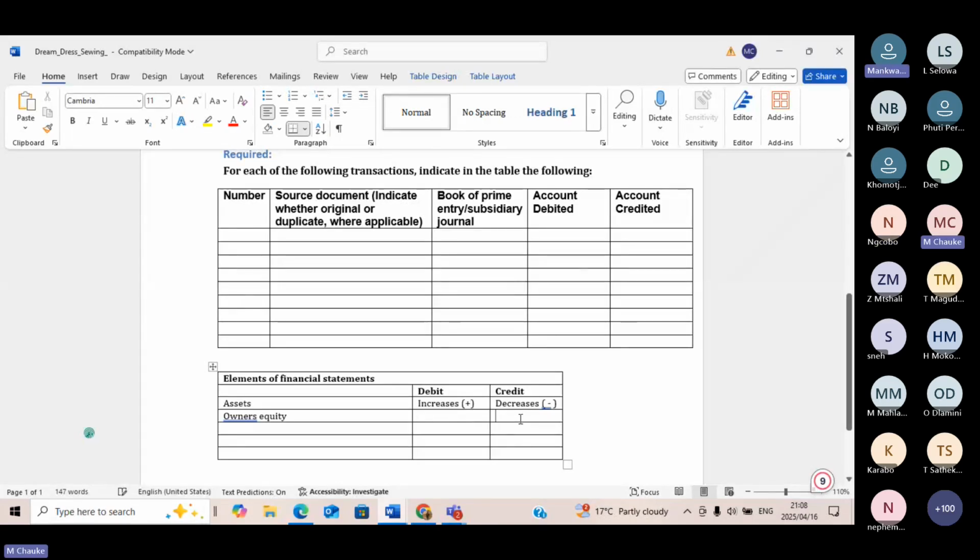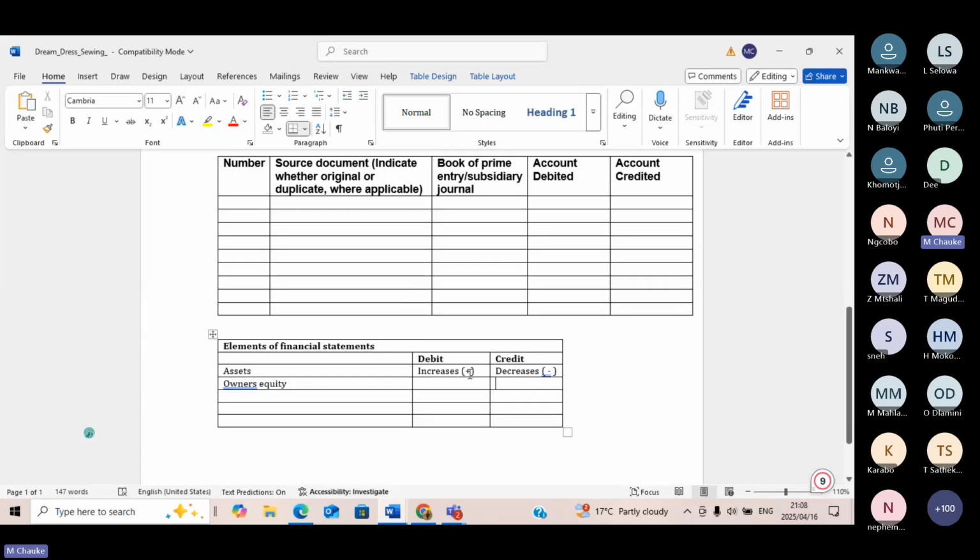So on equity, we've got an increase on the credit side, and then a decrease on the debit side.